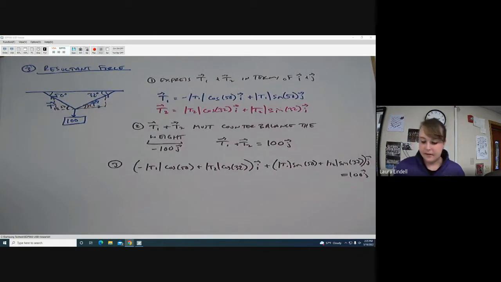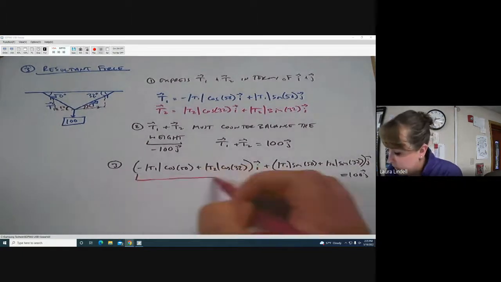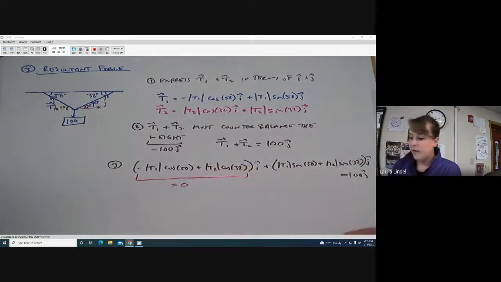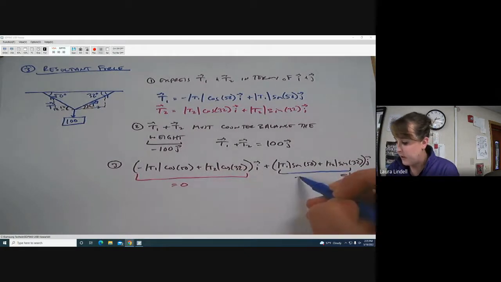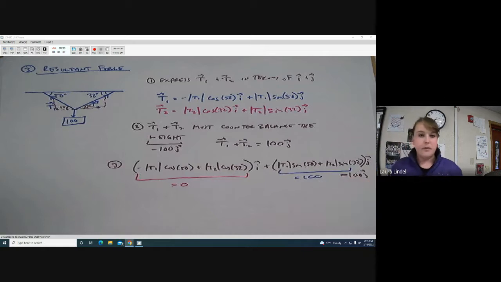So if this is the case, then since there's no i's over here, I know that this has to equal 0. And since there's 100J over here, I know that this has to equal 100. So now I'm going to set up two separate equations.